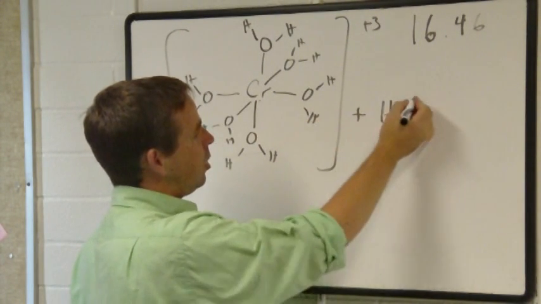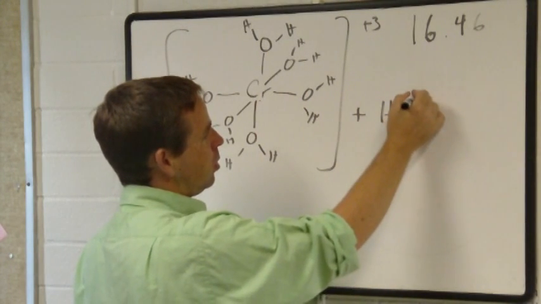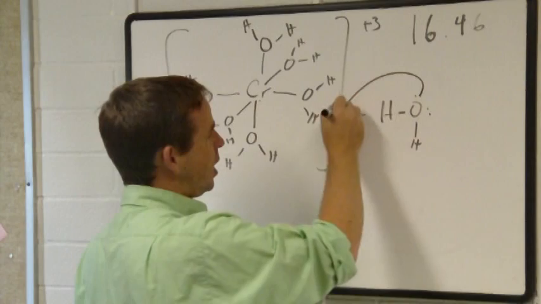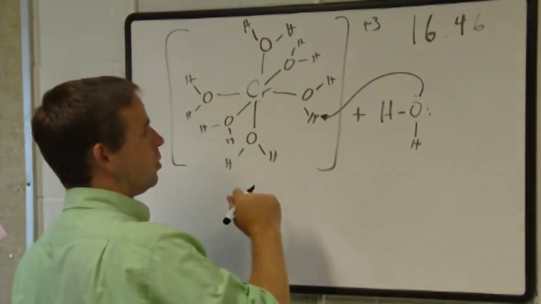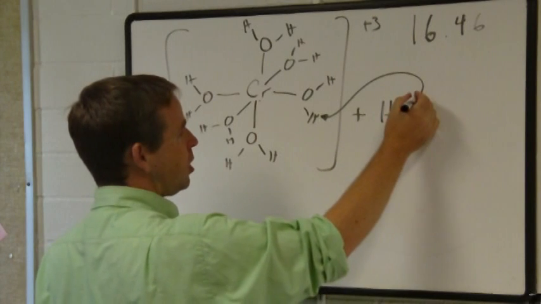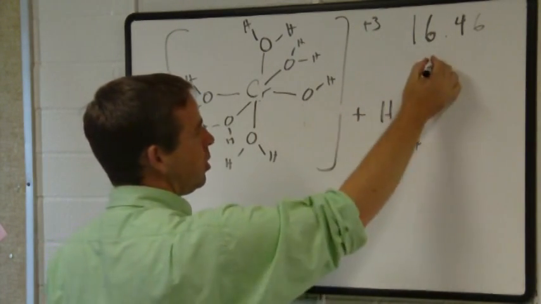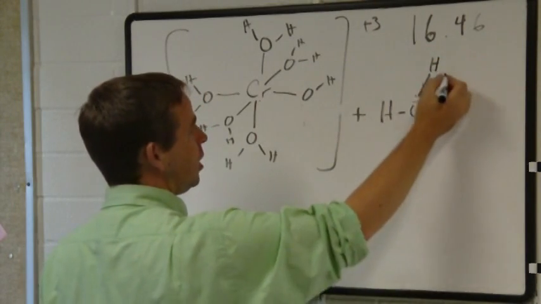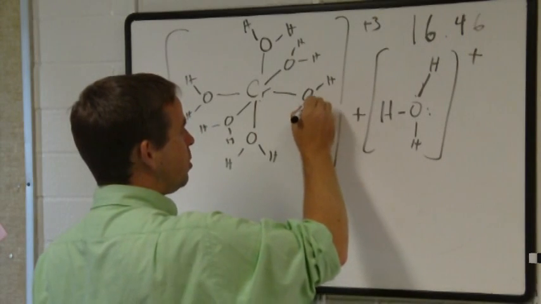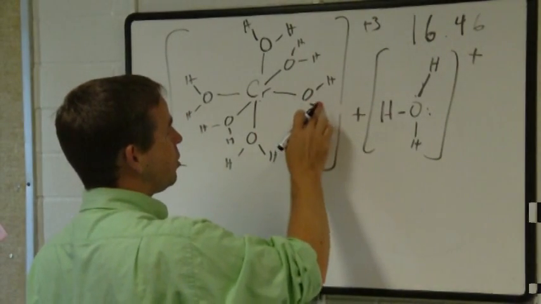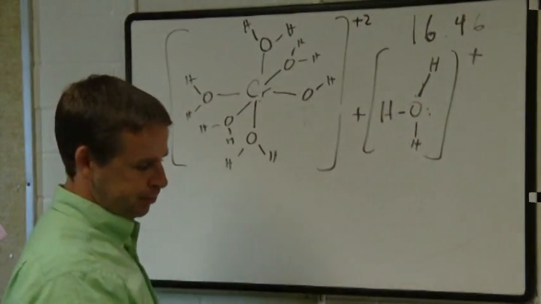And water here, we'll draw it out, with its lone pairs is going to attack one of these protons. And the result, after it's attacked it, we're going to get that proton coming up here, and this species is going to have a positive charge, and this species is going to be left with an additional negative charge, which when combined with the +3 will make a +2.